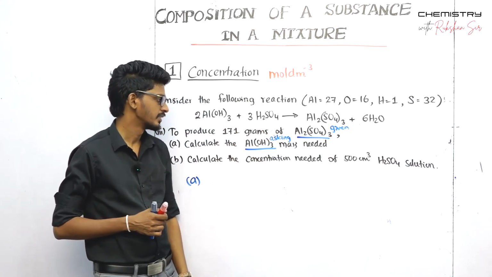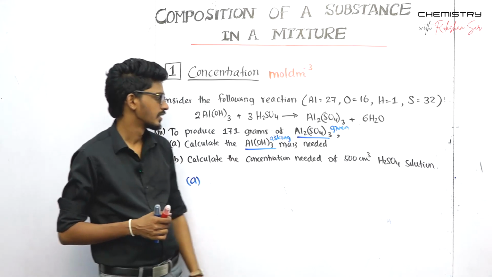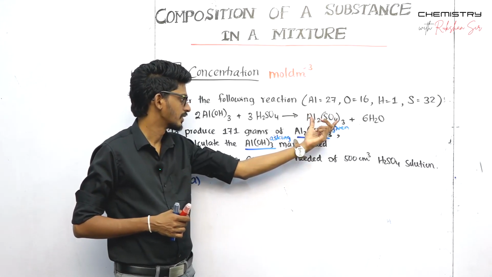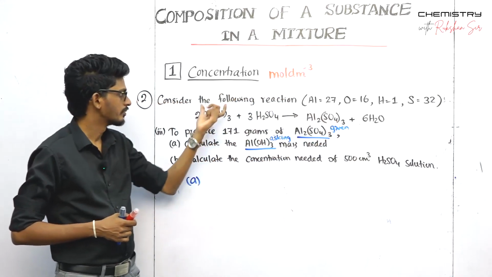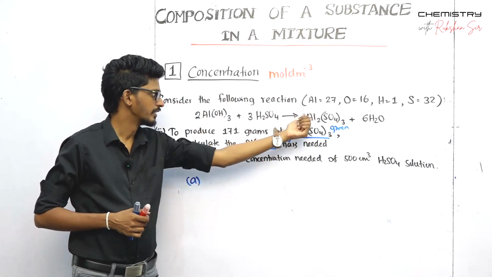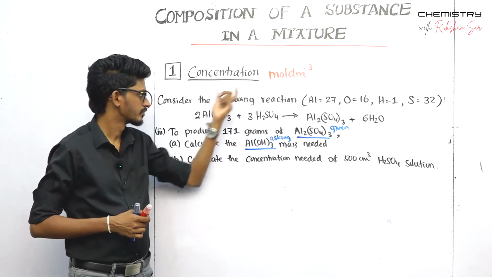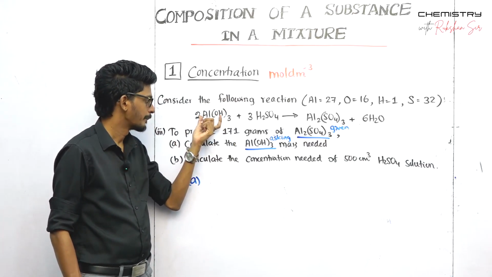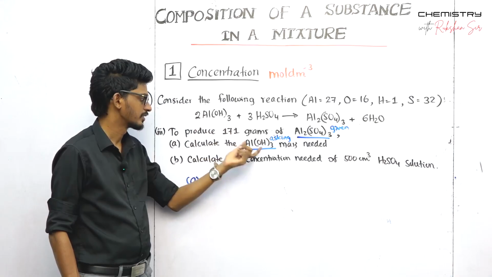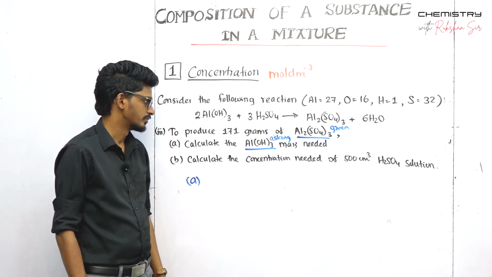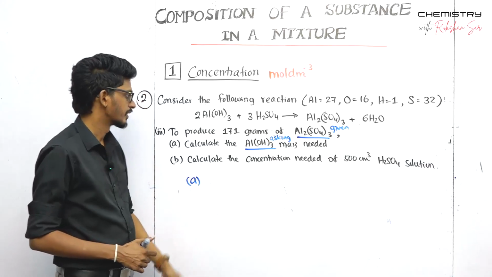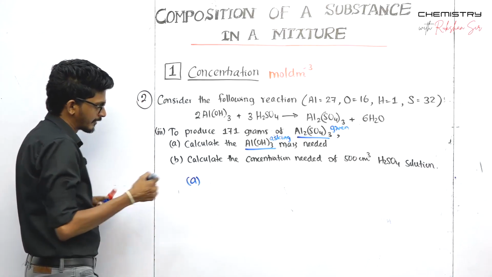Then we can use that to come up with the moles of aluminum hydroxide using the 1 to 2 ratio. Then we can come up with the mass of aluminum hydroxide using its g mole minus 1 value. That is how we are supposed to solve this question. Let's do the stuff.